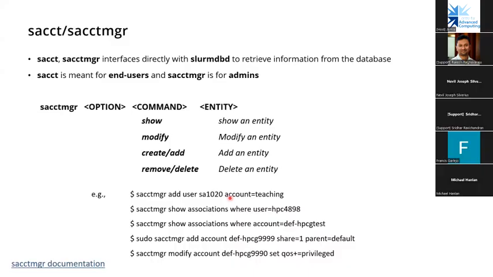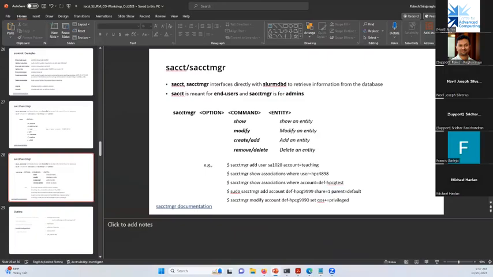Let's say I created user accounts and teaching groups, and we created some student accounts, and I need to add them to that teaching group because that's where I set my reservation. We can use this command essentially to do that, and we can show some information about a particular user. Let's try that particular command right now.